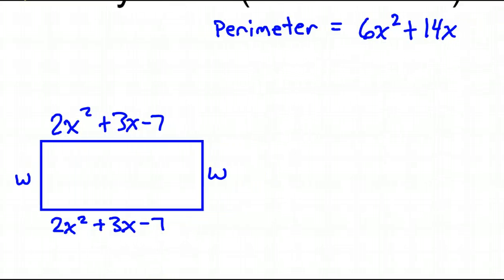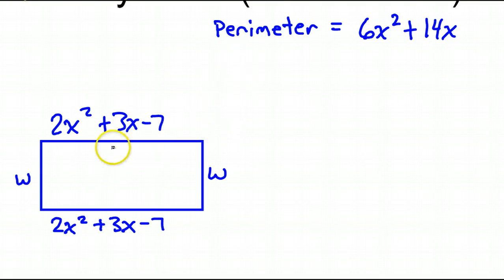Okay, so let's form an expression for the perimeter. We know the perimeter has got to equal this, but the perimeter is also the sum of all of these sides. Okay, so the perimeter, let's take these two lengths first and add them up.